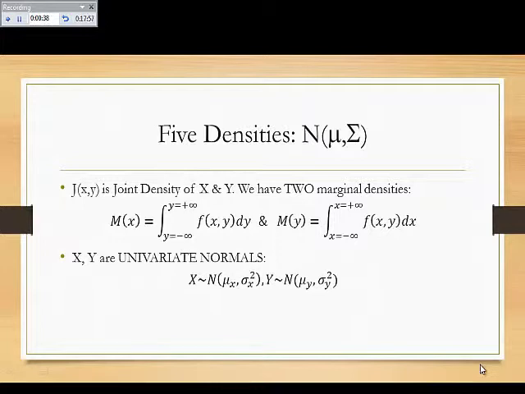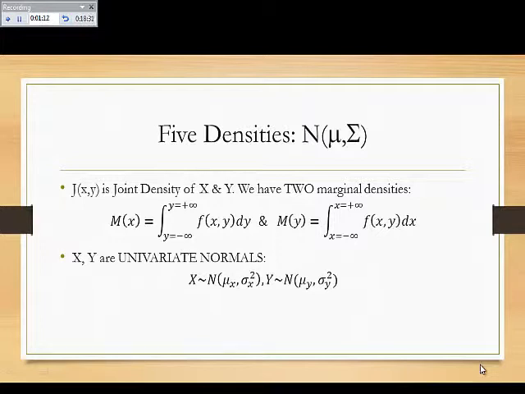So this involves just getting rid of the y, and you get rid of the y by integrating it out. So the marginal density of x is obtained by taking the joint density of x, y and integrating with respect to y from minus infinity to plus infinity. Or alternatively, you can integrate over all y in the support of y. That will be the same because outside the support the density is 0.